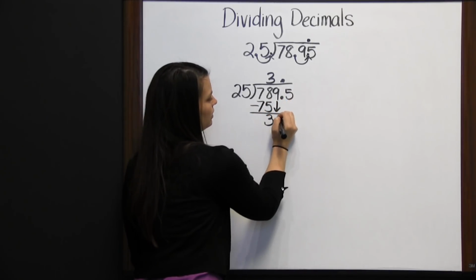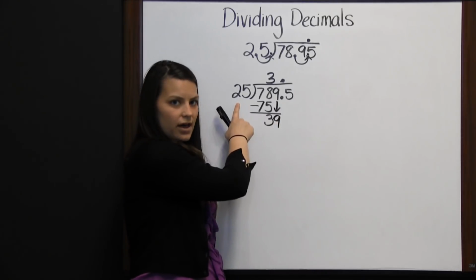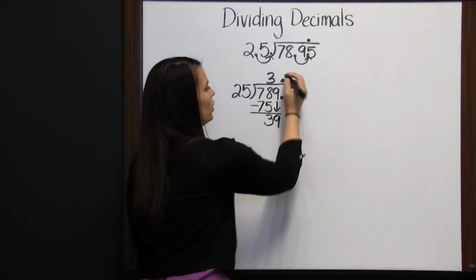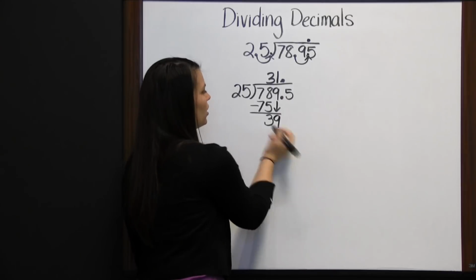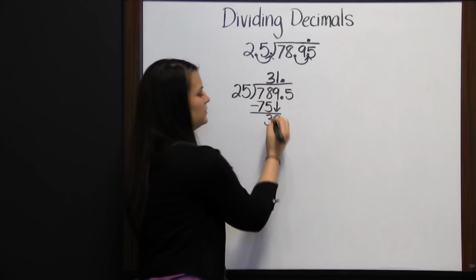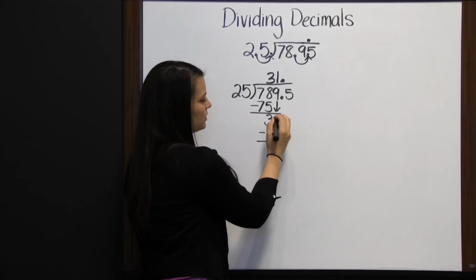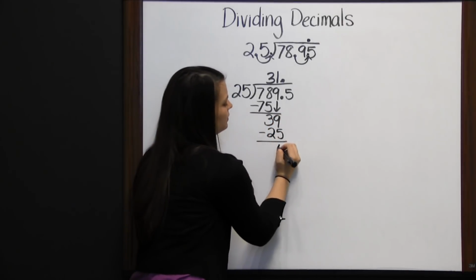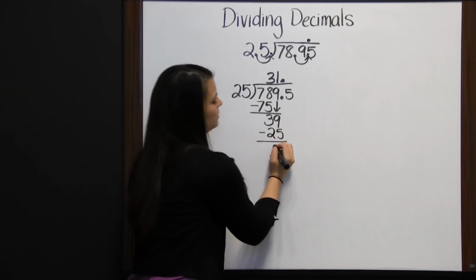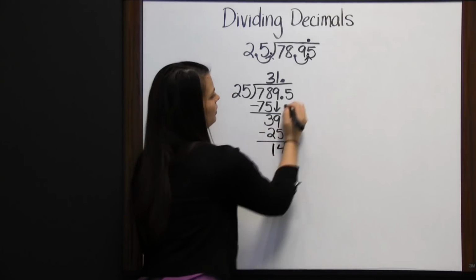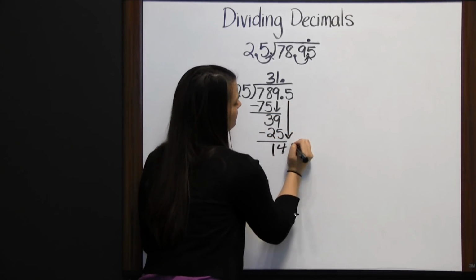Bring down the 9. And 25 goes into 39 1 time. 25 times 1 is 25. We subtract. 9 minus 5 is 4. 3 minus 2 is 1. Then we bring down our 5.